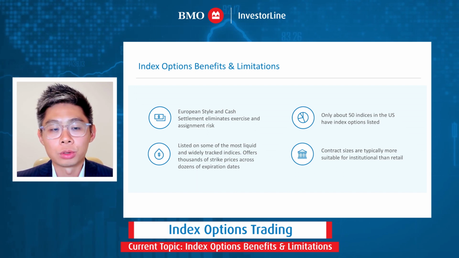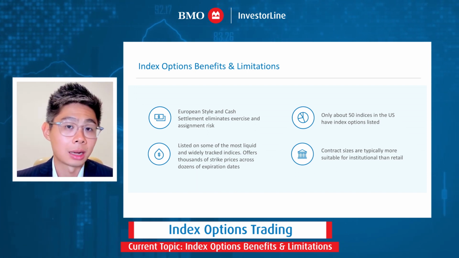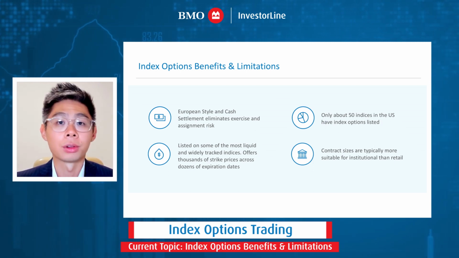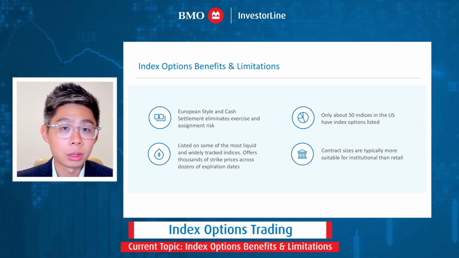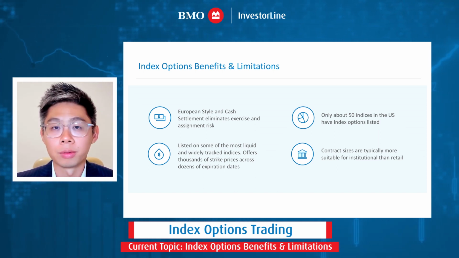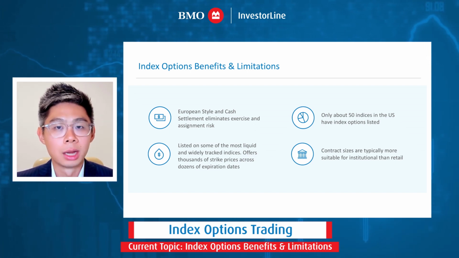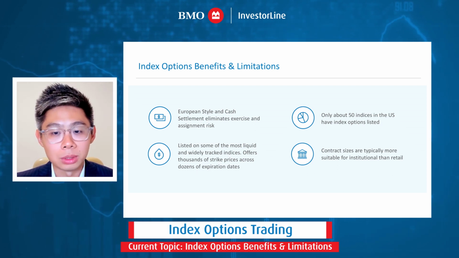So when you're trading index options, you effectively eliminate early assignment risk and exercise risk altogether. And that's really attractive, I think, for a lot of traders that prefer purely option selling, or have a component of their option strategy that is short an option, to avoid those risks. And I think that's really key for traders that are trading index options themselves.